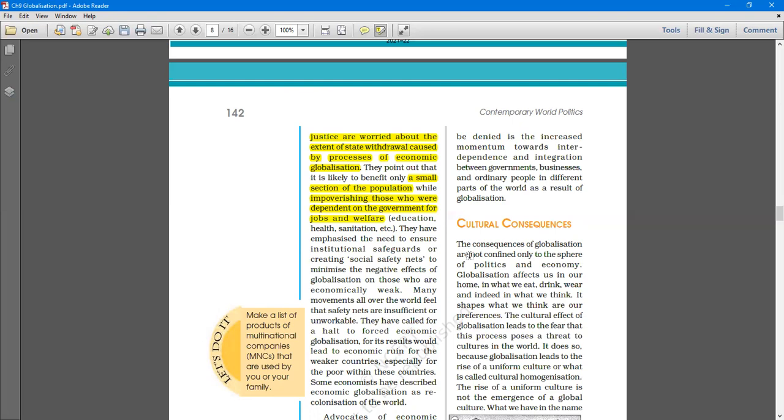The people who criticize it say that globalization is benefiting only a small section of the population, who are ultra rich, or their wealth is just getting bigger and bigger, whereas the poor are suffering, they are even being impoverished. So the gap between the rich and the poor section in society is also widening, and that is a matter of concern.